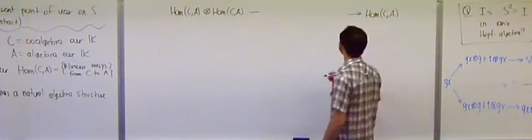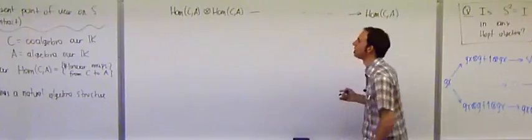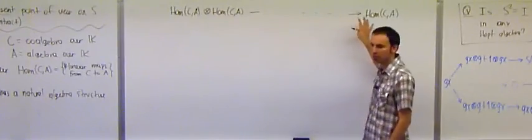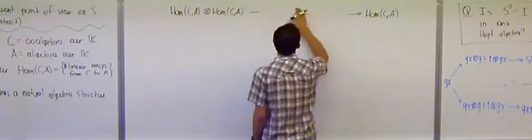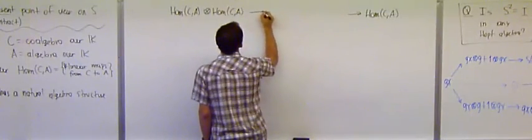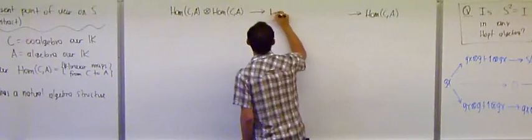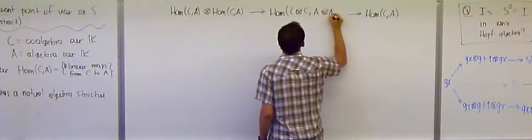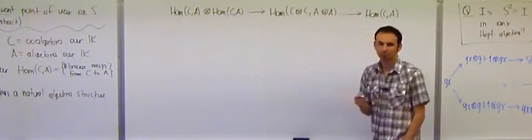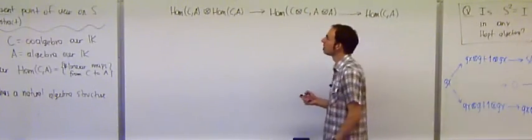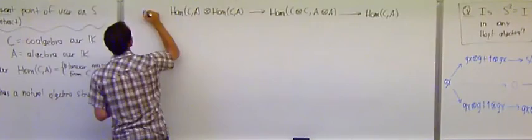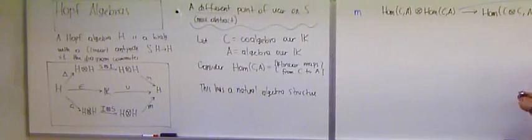There's a long arrow here, and I'm going to show you there's a natural map going from here to here, but it's useful to put an intermediate object here, which is this one. I'm going to define my multiplication map to be this composite map.